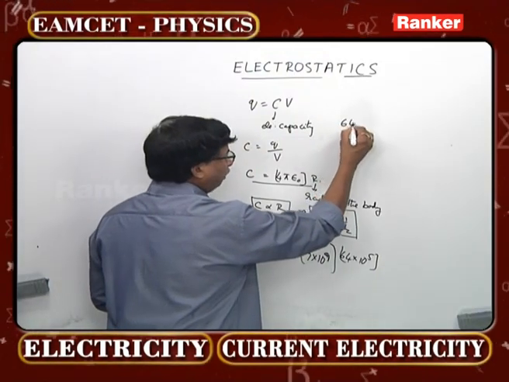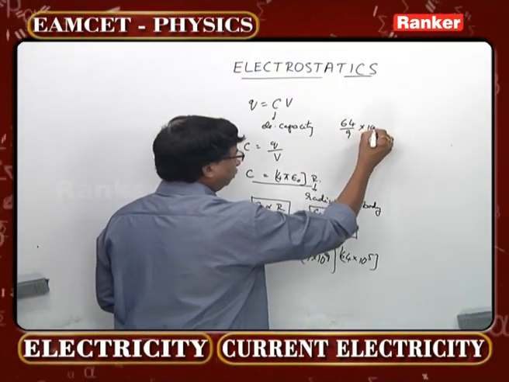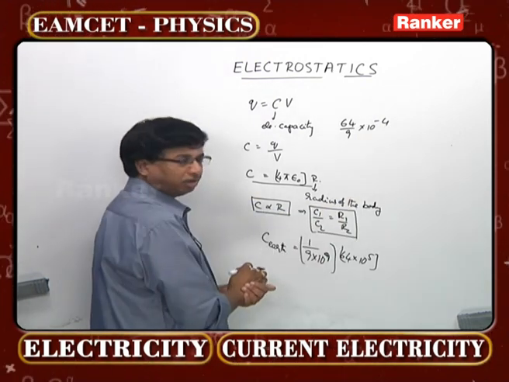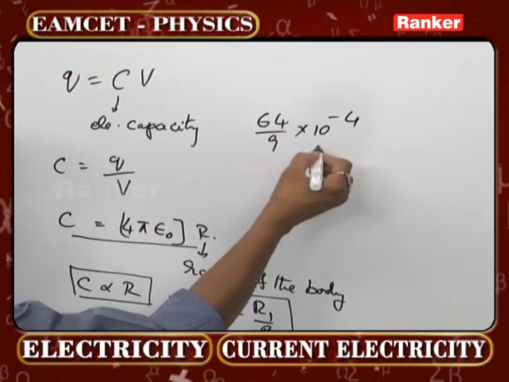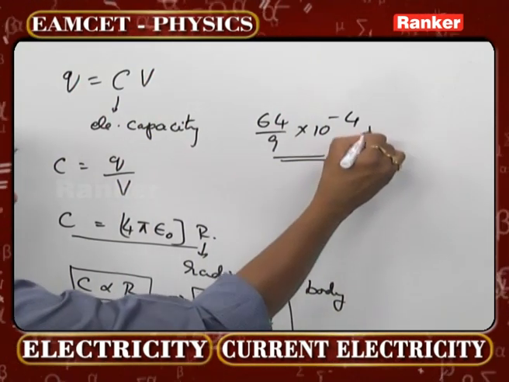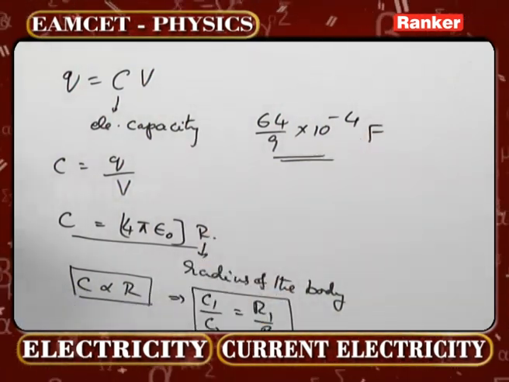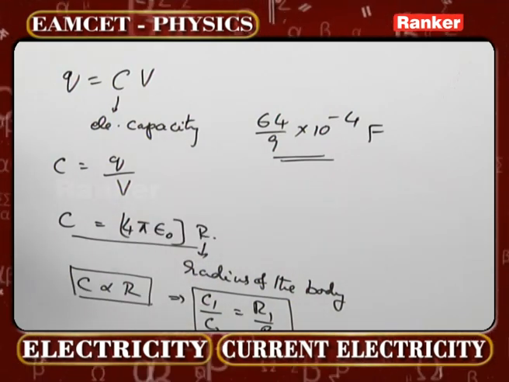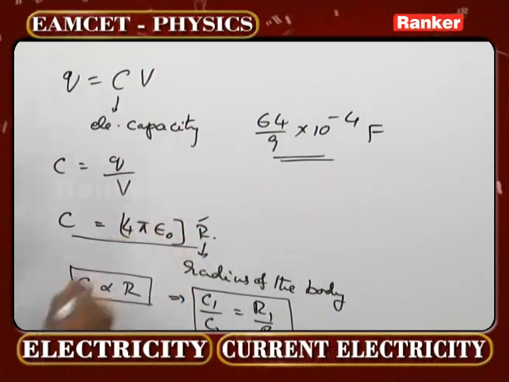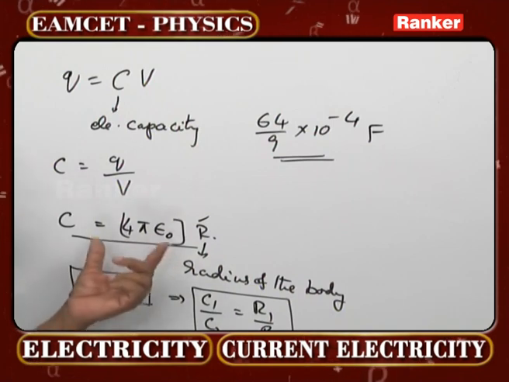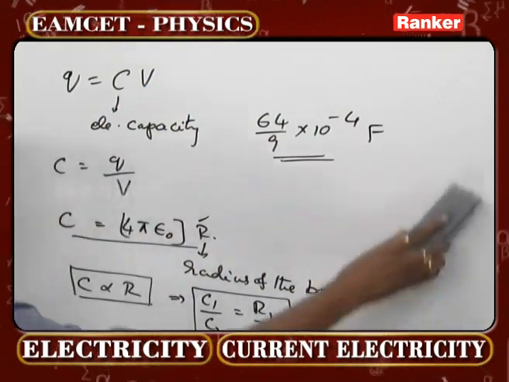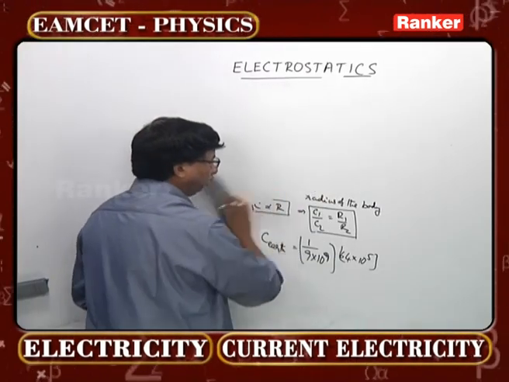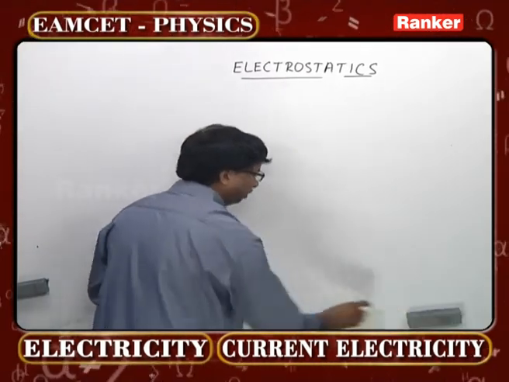So it is 64 by 9 into 10 power minus 4 you will be getting. Right, 7.11 into 10 power minus 4 farad, that is going to be the capacity of earth as such. That means when you know the radius, it is enough to calculate what is its capacity in general. So this is one area we have to cover up before taking up the applications part of it.